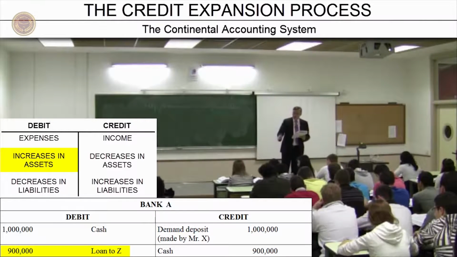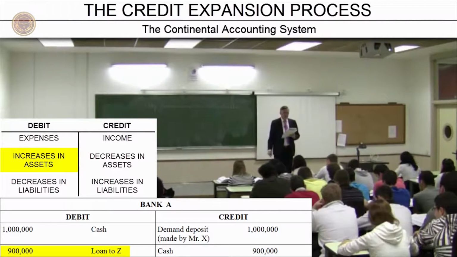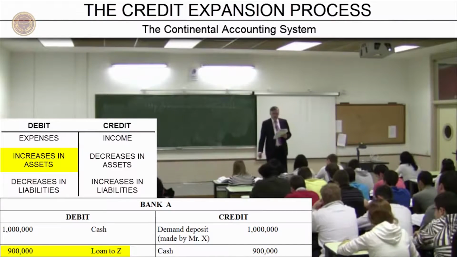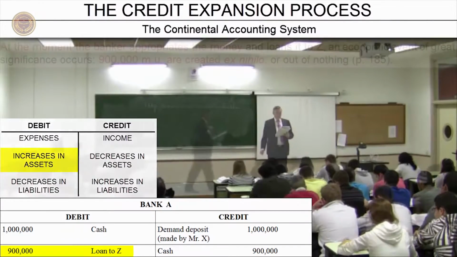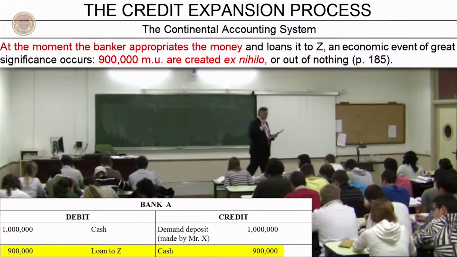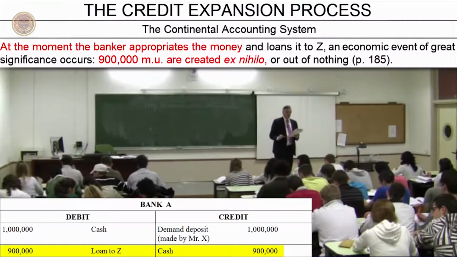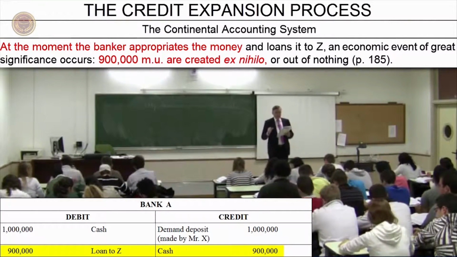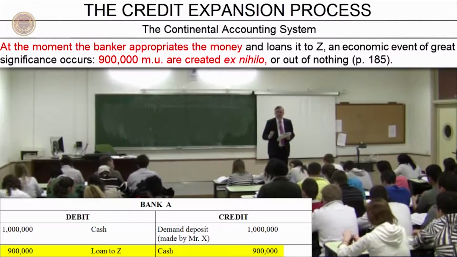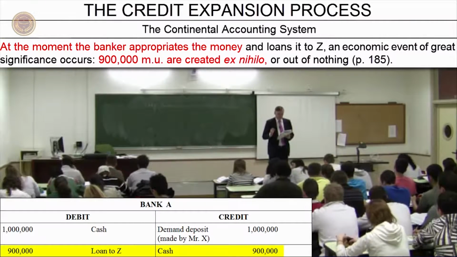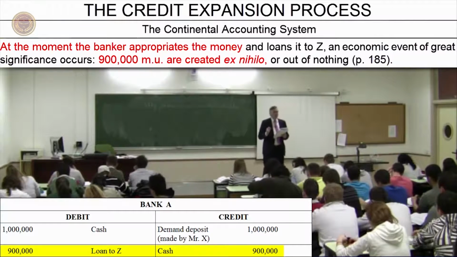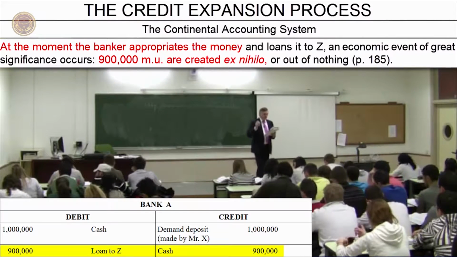Therefore, the second line of entries reads 900,000 loan to Z, cash 900,000. The moment the bankers appropriate the money and lend it to Z, an economic event of vital importance occurs. At that moment, 900,000 monetary units are created ex nihilo, or out of nothing.